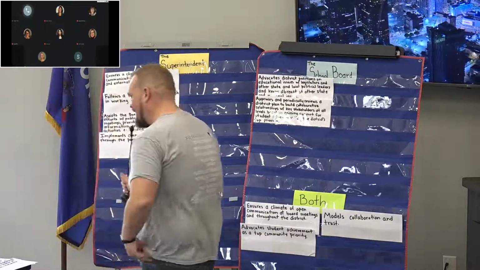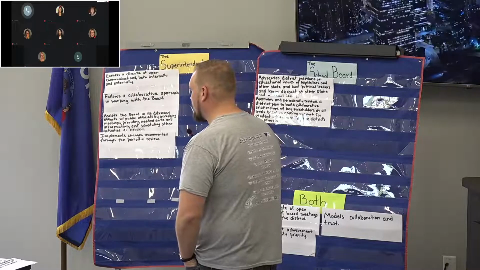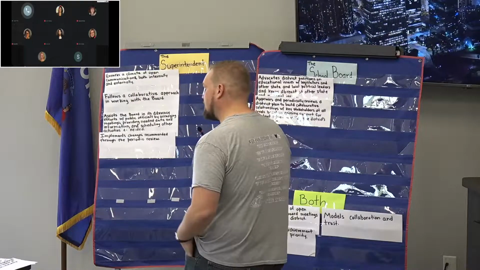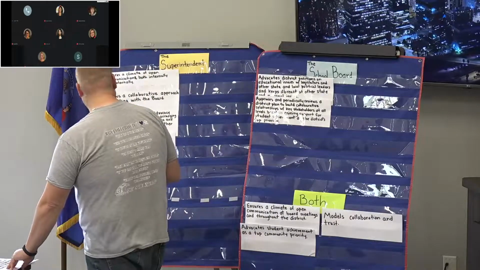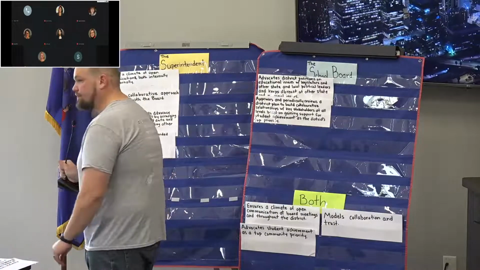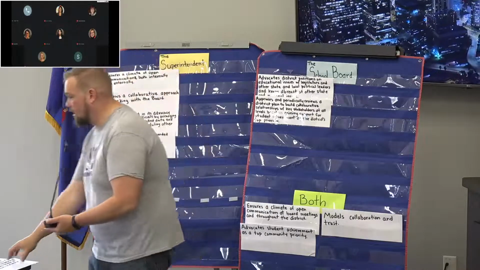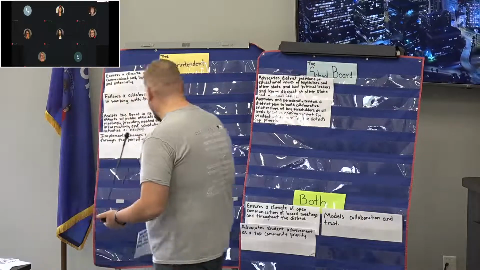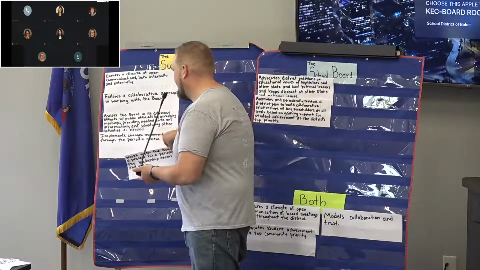Okay. The next one: works with the board to determine a process for a periodic review of the leadership team's relationship and vision. Superintendent. Okay. Any other thoughts? That is the superintendent.